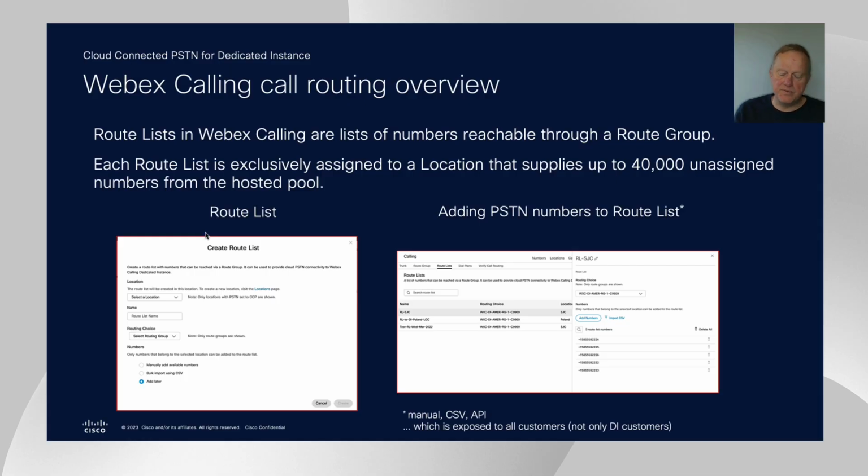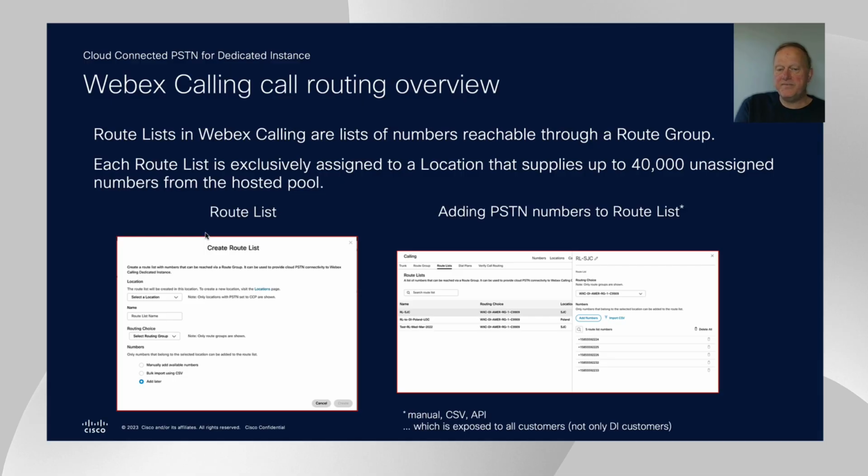So it's a two-step process, right? First, the phone numbers have to exist in Control Hub. They have to be assigned to your location. And then secondly, you can assign these TNs to a route list. And then the route list gets a destination, basically a route group pointing to some trunks, pointing to Dedicated Instance.